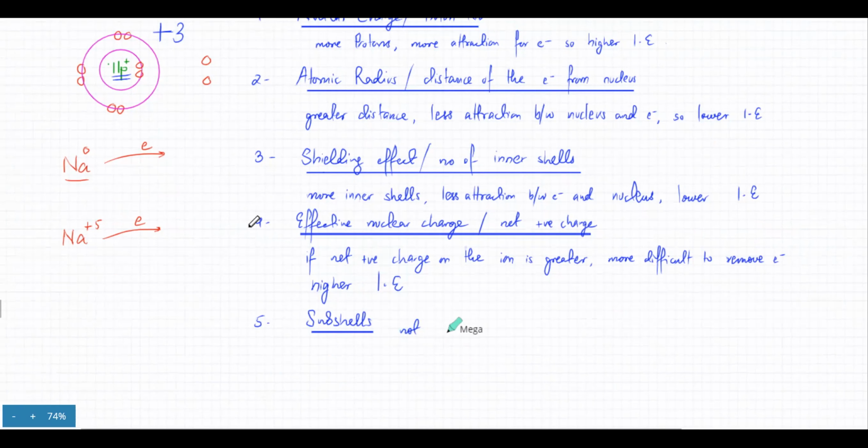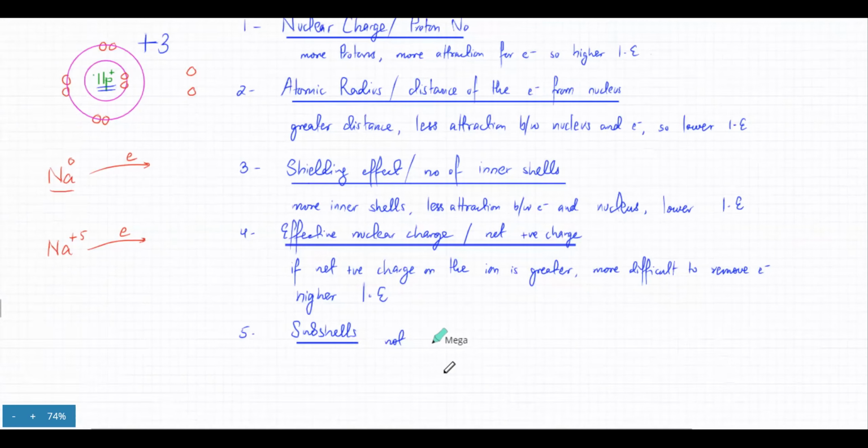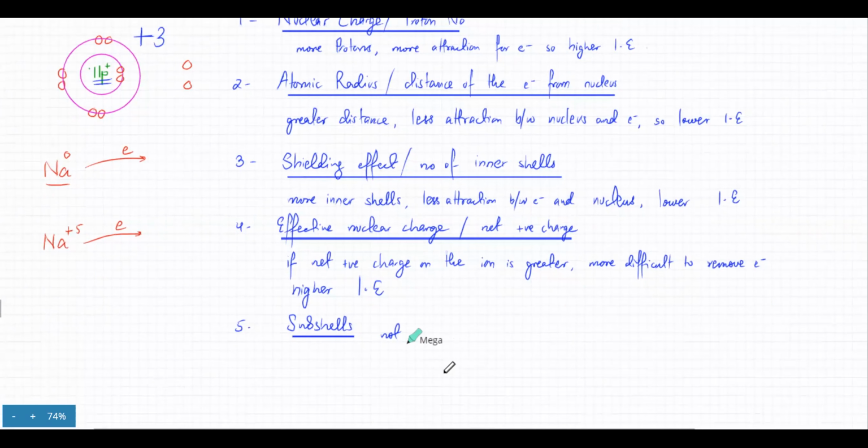What matters is which shell you're trying to remove electrons from. If the shell is higher, that means the electron is very energetic and it would be very far away from the nucleus. If the shell is lower, then the electron wouldn't be very energetic and it would be lying very close to the nucleus. Subshells don't really matter. It's not an important factor.